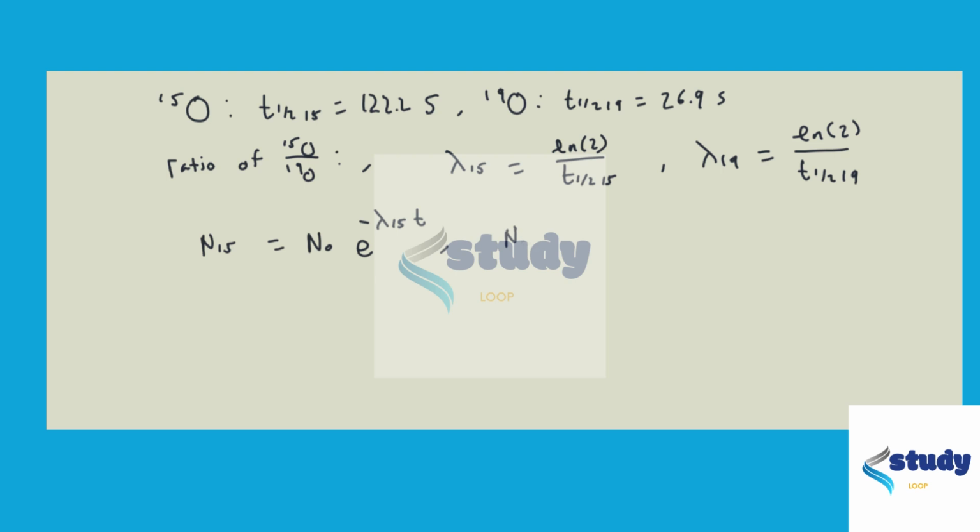Similarly, at some time, the number of oxygen-19 isotopes is equal to the initial number of total oxygen in our sample times e to the minus lambda 19 times t.